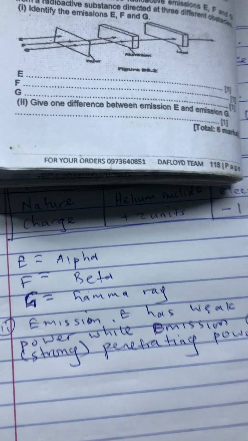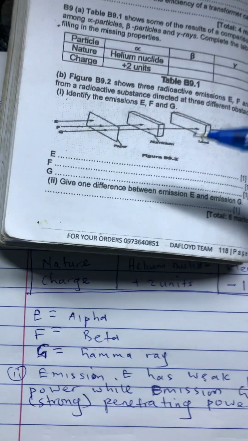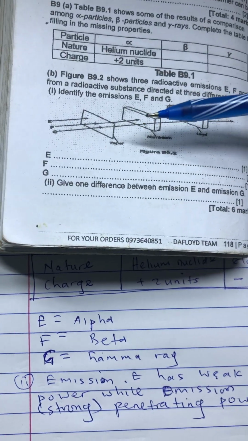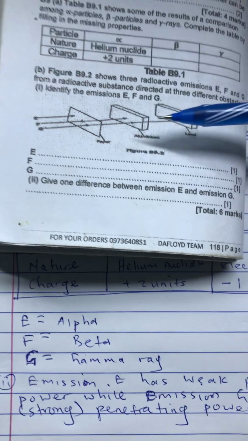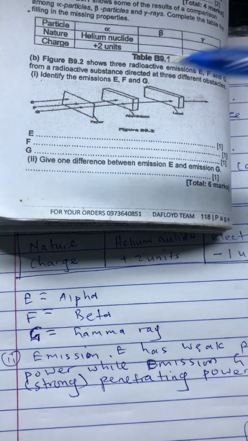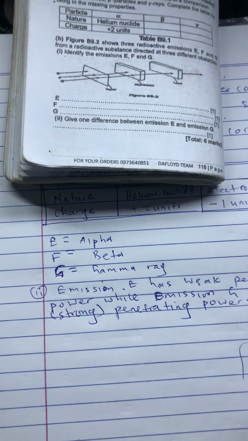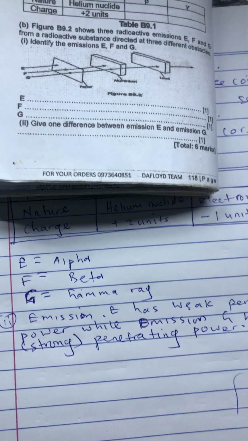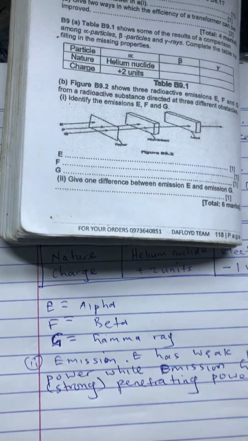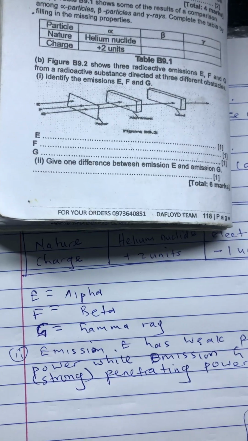So I've used this difference because it's the one that we are being shown here. It's able to reflect from the diagram here that this one has weak penetrating power as compared to the other one. So I think this is how you handle such questions. Thank you very much.